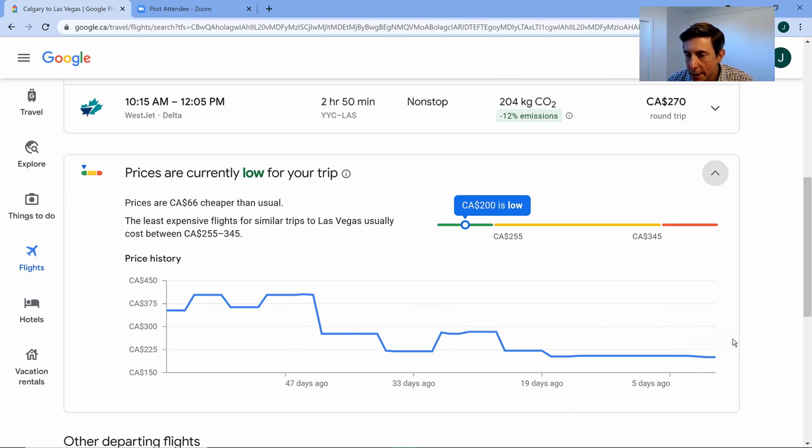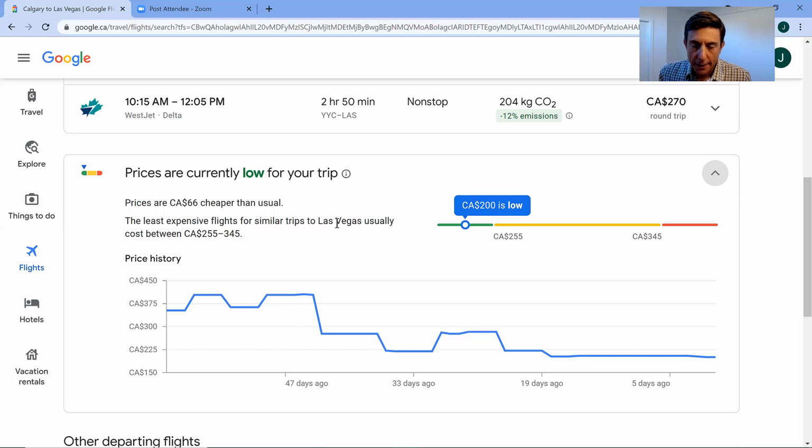Now, it's not giving me the range. It's not telling me what's going to be in the future. It's just using the past, and it's telling me, I assume that the price is going to go up by now. There are other companies that have algorithms based on the classification models that I explained earlier, such as Hopper, which I think has a price engine with, they claim, 95% accuracy.